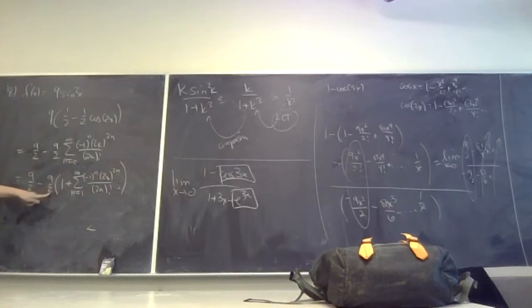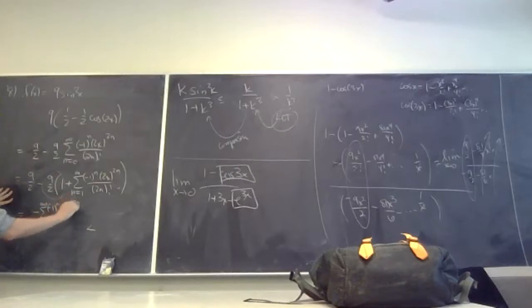It touches the 9/2 and becomes a negative 9/2, but there's this positive 9/2 out here too. So where does it go? It cancels. This and this cancel each other. What you're left with is just minus the sum from n equals 1 to infinity of (-1) to the n, (2x) to the 2n over (2n) factorial. That's what happens: you just drop the first term.